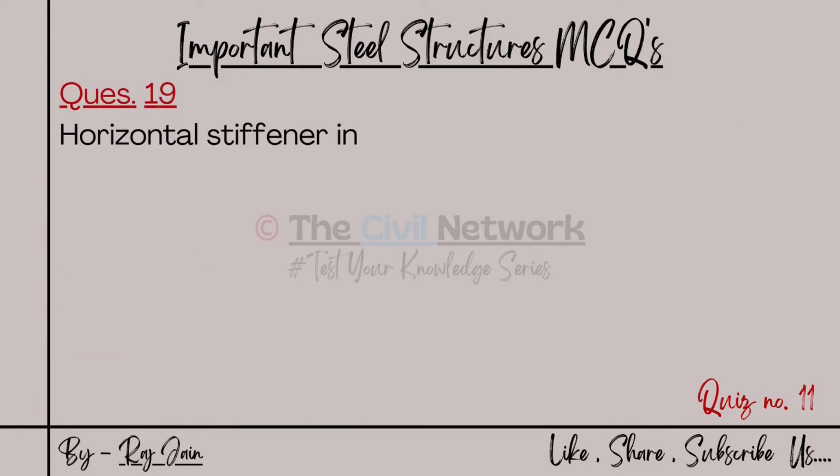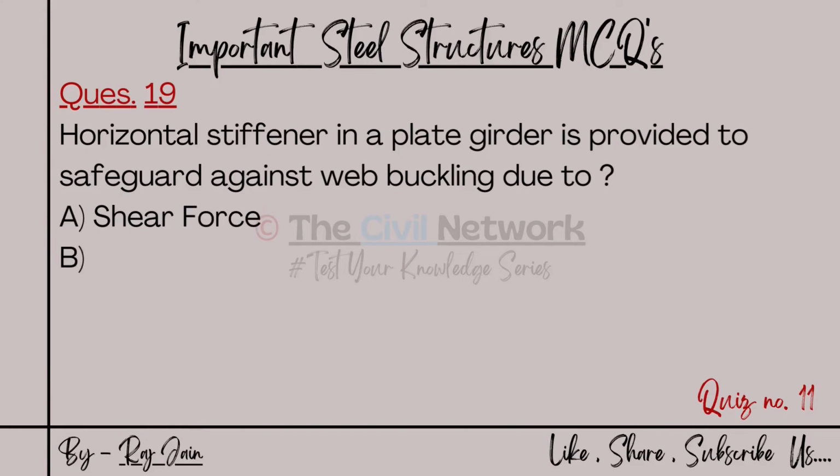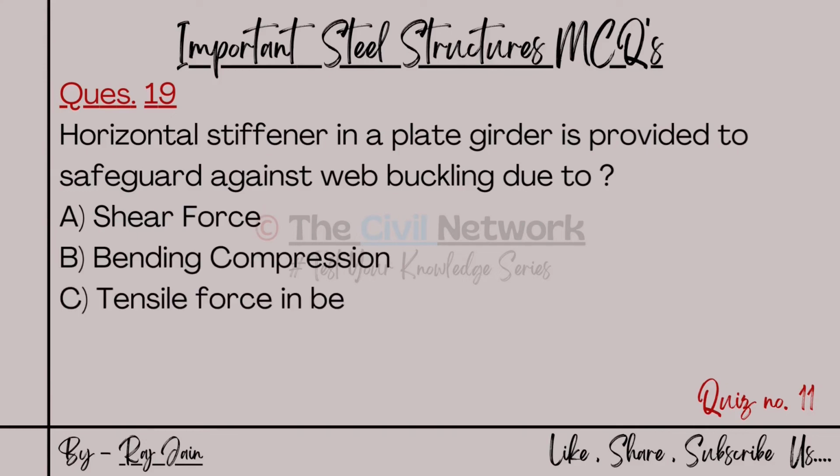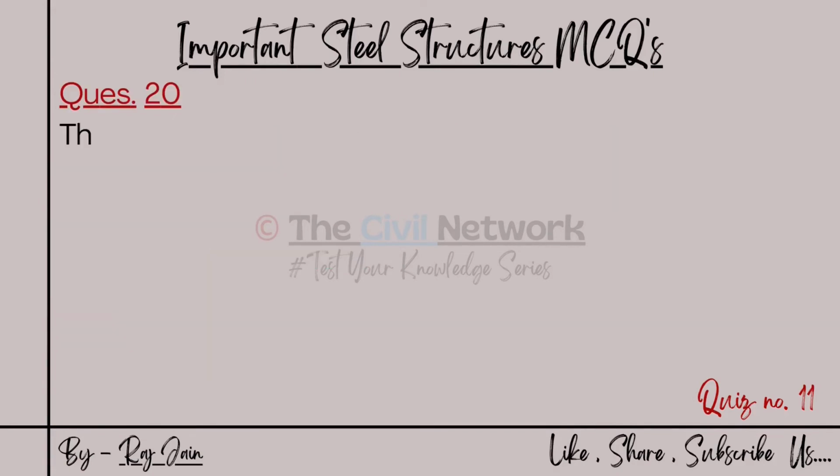Question number 19. Horizontal stiffener in a plate girder is provided to safeguard against web buckling due to. Correct answer is bending compression. Question number 20.